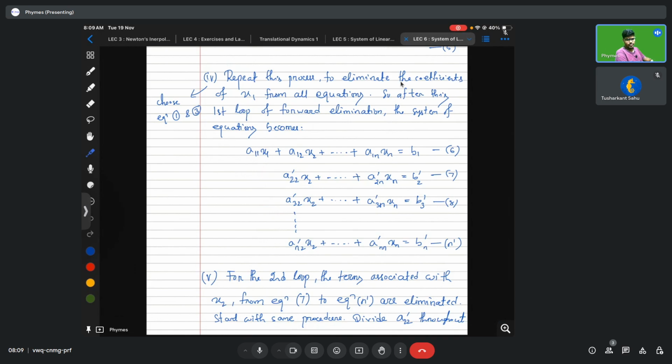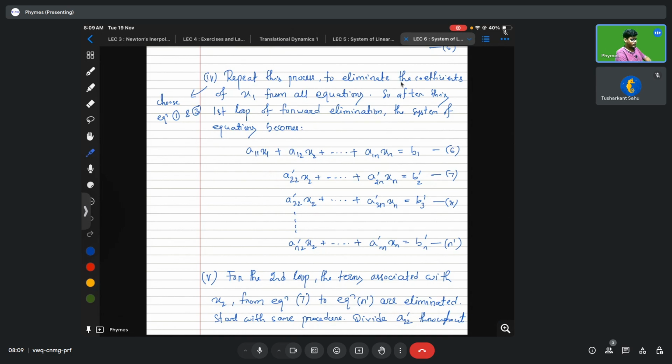Then what will happen after the second loop? After the second loop, all these x2 values will be eliminated, right? So for the second loop, the terms associated with x2 from equation 7 to equation n dash are eliminated, and we start with the same procedure, divide by a22 dash. So here this equation will be your central equation.